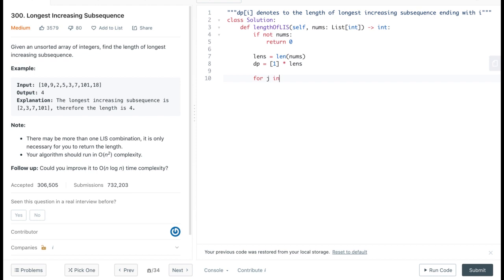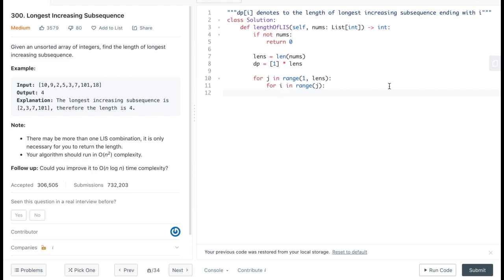For j in range 1 to n, for i in range j. Normally my habit is, if we need to do two for loops, to always make j the larger one while i is the smaller one in range of j.